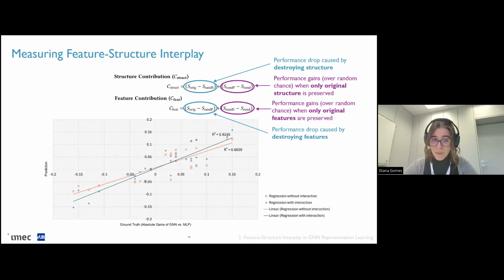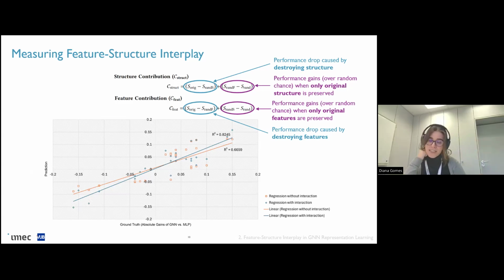So in here, we have a ground truth that is essentially the absolute gains of using a GNN versus an MLP. And we want to see if these two metrics are good enough to predict this output.